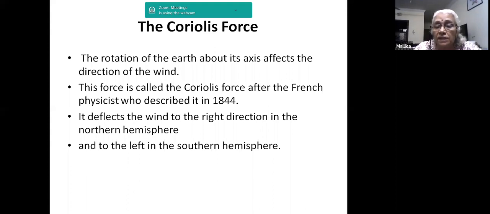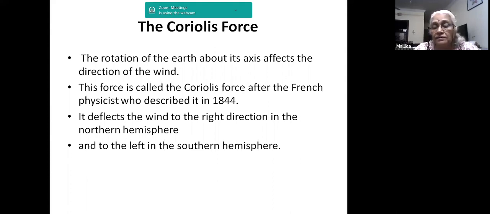So what does this mean? If I am at the equator and I'm moving towards the North Pole, and there is a wind, if I am the wind, I will be pushed to my right. And if I'm in the southern hemisphere and I'm looking at the South Pole, then I will be pushed to my left.